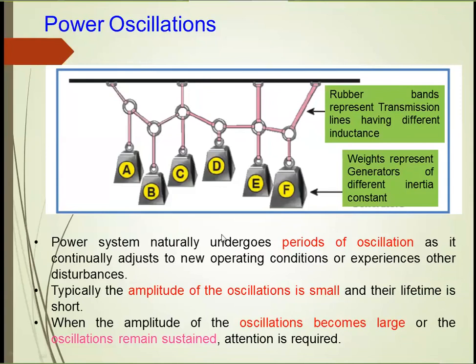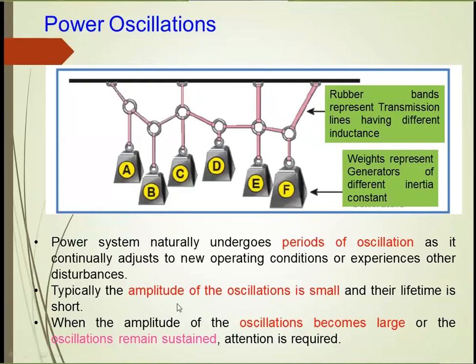In the same way, if you apply a disturbance to the generator, there would be an oscillation, a perturbation, and depending upon the system characteristic and the control action that we can apply, it is possible that these oscillations will decay after some time.